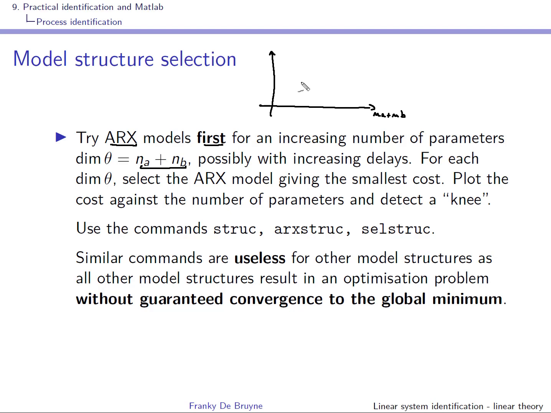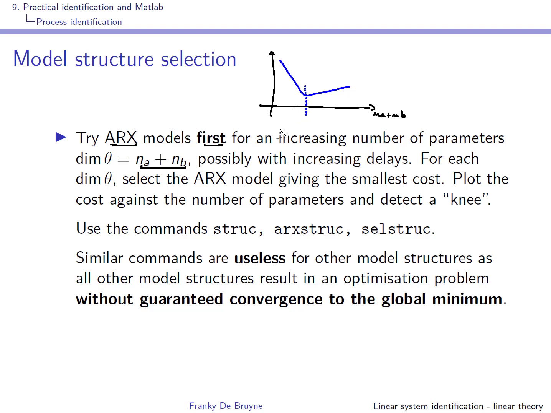What you will see is that at some stage there will be a knee: the cost decreases, and after a while it starts to increase. This is the number of parameters that you have to select.